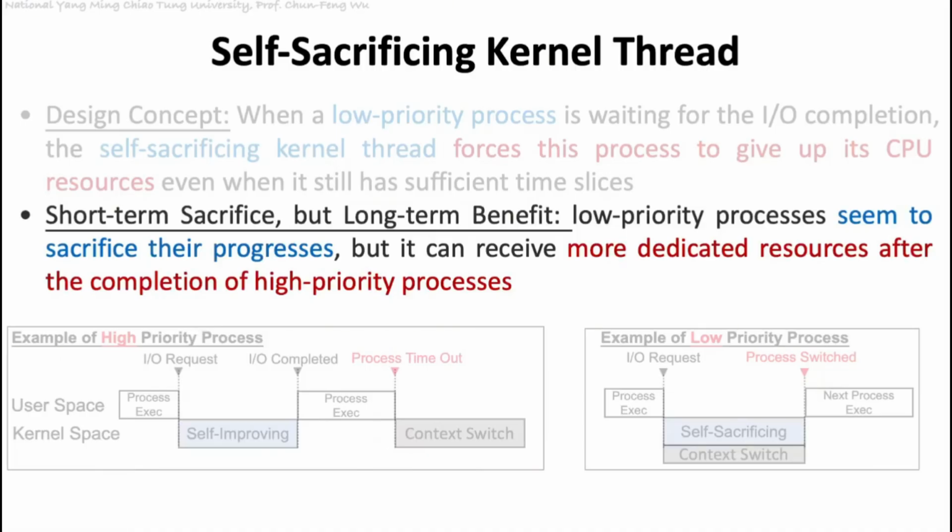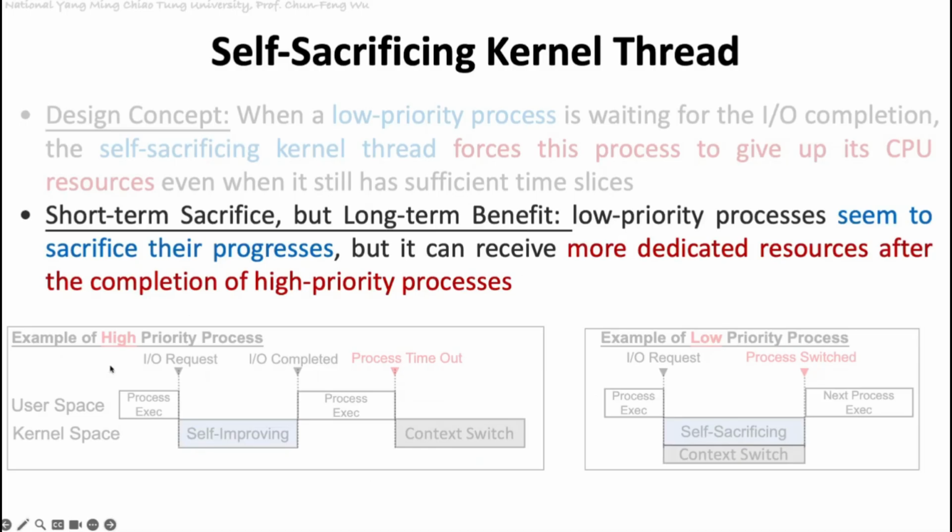Actually, the design rationale behind sacrificing the low priority process is short-term sacrifice but long-term benefit. Why do we say that? Because the low priority process seems to sacrifice its progress, but it can receive more dedicated resources after the completion of the high priority process. What do I mean?